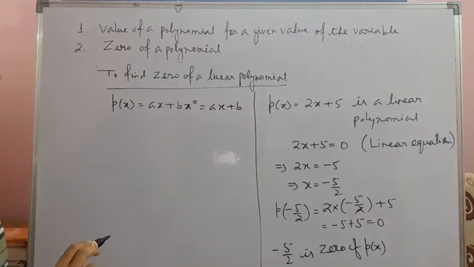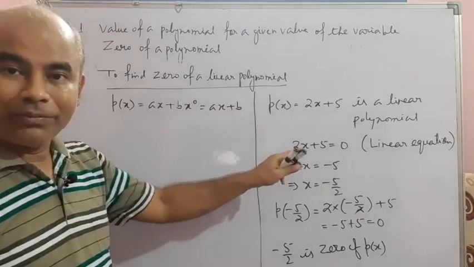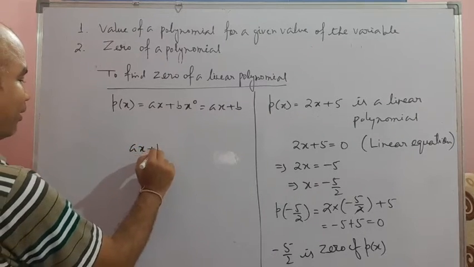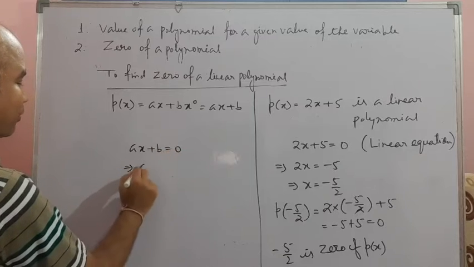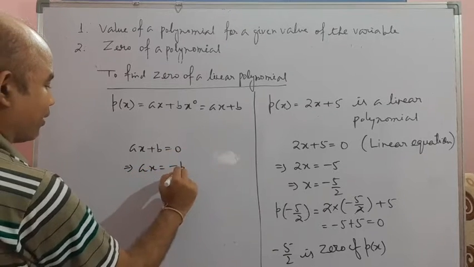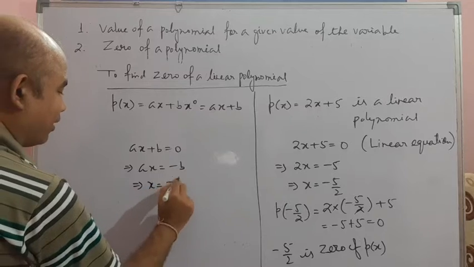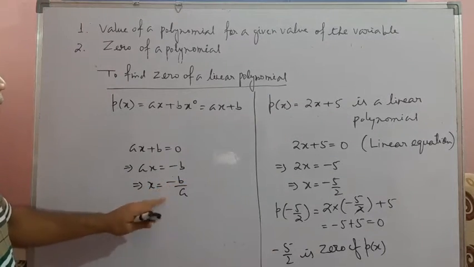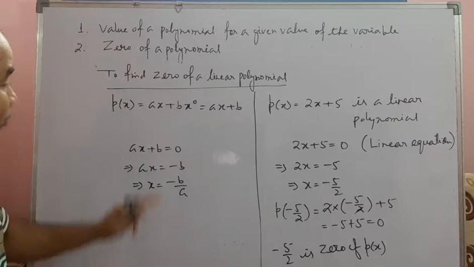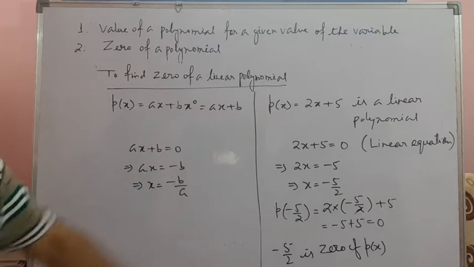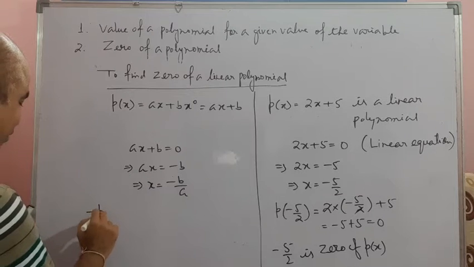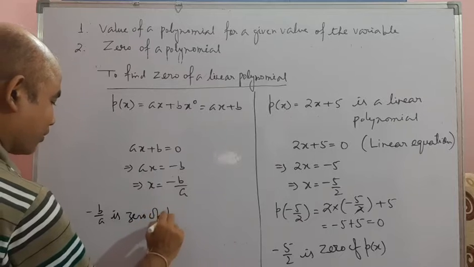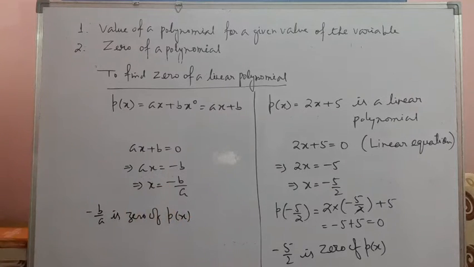If I follow this method, you take this polynomial ax plus b equal to 0 and solve for x, and your x will be minus b by a. Whatever value of x you get, that will be the zero of the polynomial. So minus b by a is the zero of p(x). Now actually, what is minus b by a?